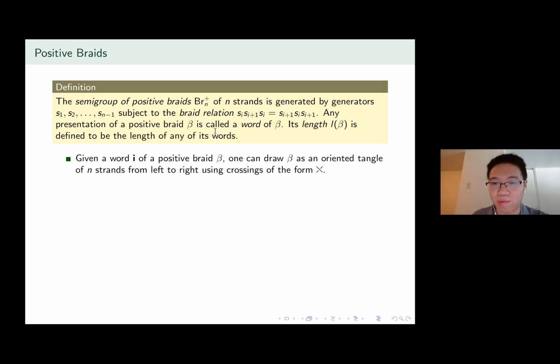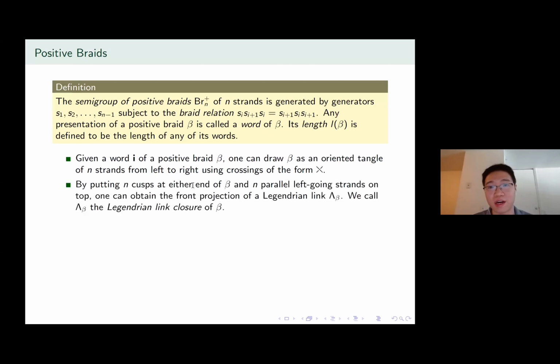Given a word for a positive braid, you can draw the braid as an oriented tangle of n strands going from left to right, using crossings of this form. If you put in cusps, and also put in parallel strands on top, you get a front projection of some Lagrangian link.